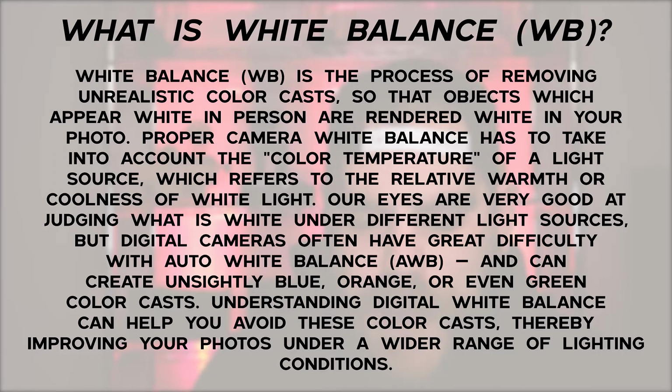Understanding digital white balance can help you avoid color casts, thereby improving your photos under a wider range of lighting conditions. Basically, you have to tell your camera what is white and what is not. You'll have three options for white balance.